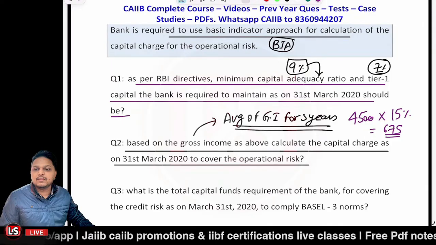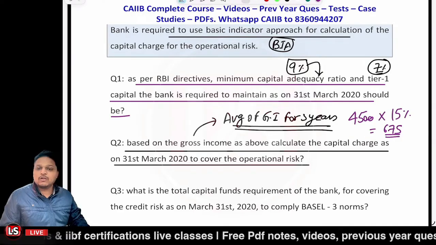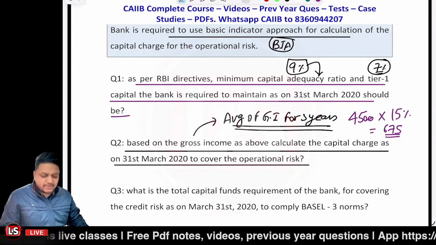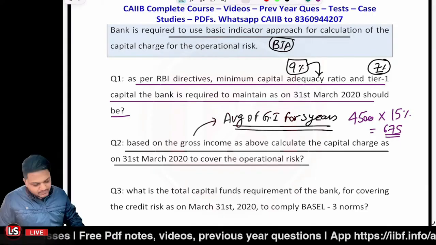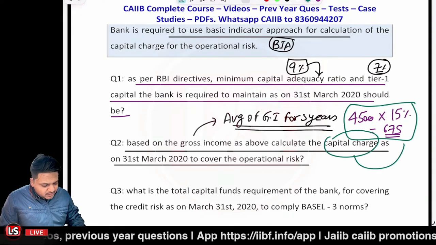Right? And let's say it is given that we have to calculate the risk-weighted assets, because this is a capital charge. We have calculated the capital charge here.